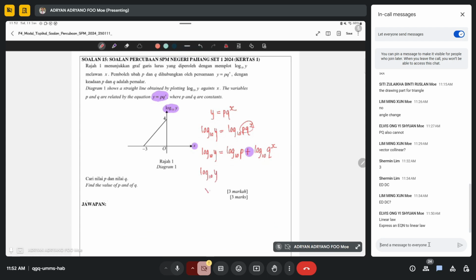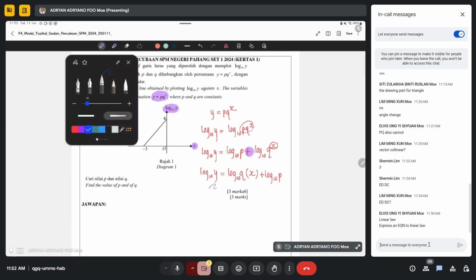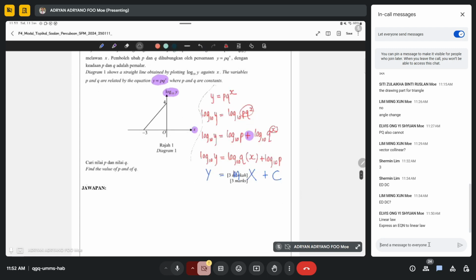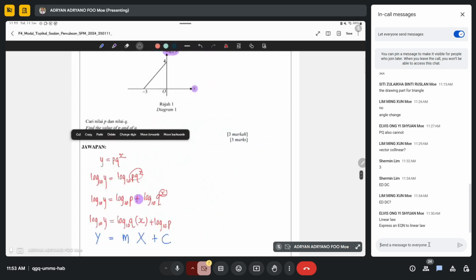This is my y, okay. Now I want x, so you see the x above, bring it down: log 10 q times x. Why don't I put x in front? Because I want it easy to read. Now this is my y, this is my gradient, this is my x, this is my y intercept. So this is how you convert non-linear into linear form based on the question given.